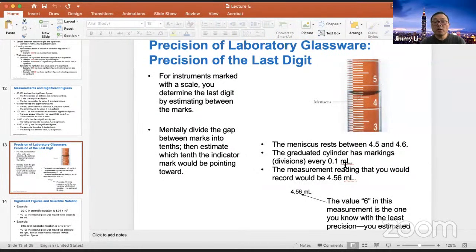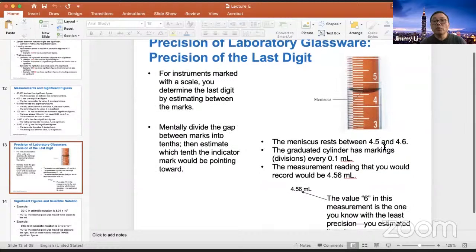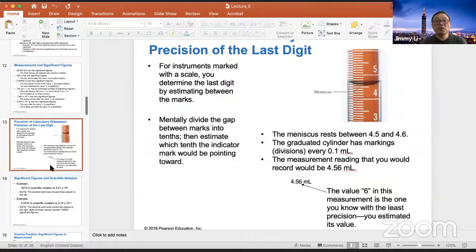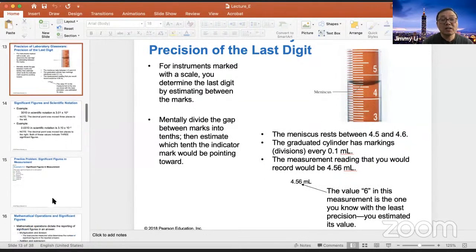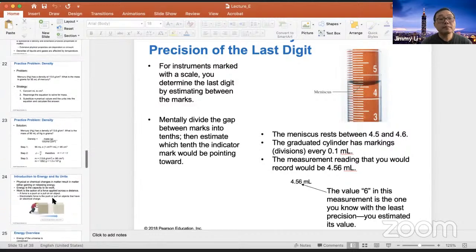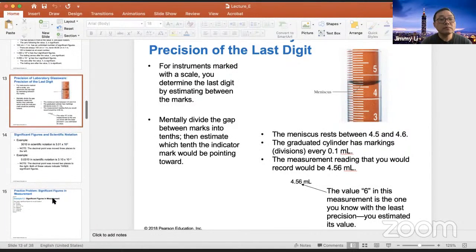So whenever you report your measurements here, you need to report 2 decimal places, because that is one more than your smallest marking. Your smallest marking is in 1 decimal place, therefore you need to report one more, which is 2 decimal places. That's why you see the record shows 4.56 milliliter here. Got it.